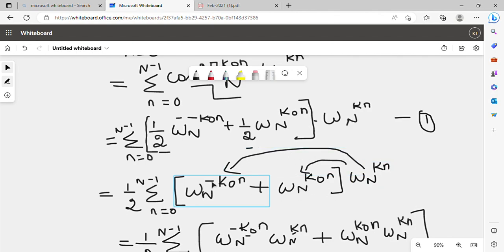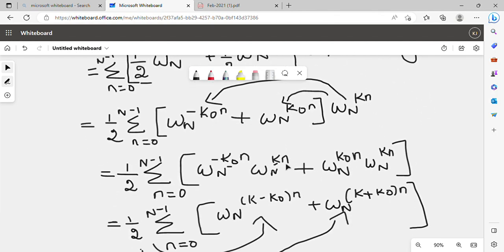After that I multiplied omega N to the power of kn to both terms, and I got this, wherein a to the power of m into b to the power of n, with the same base, results in a to the power of m plus n.